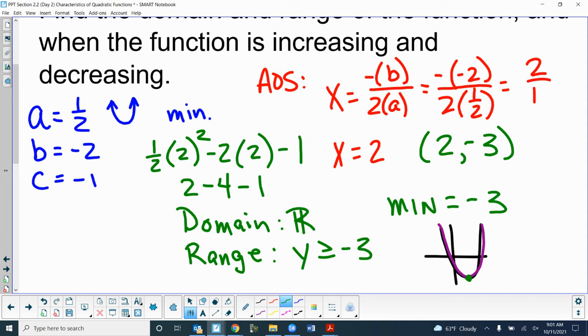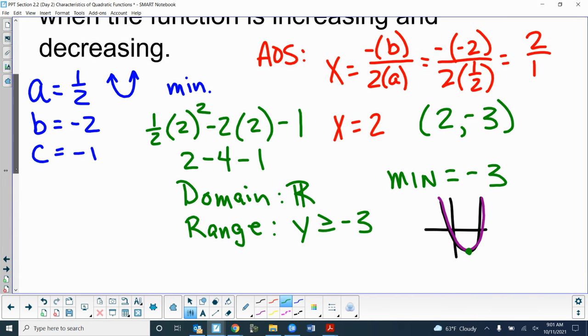On the left side of the parabola, what's happening? When I drew it, we always put the arrows like this, right? But we always think of it left to right when we look at it. So left to right is going down, or decreasing.